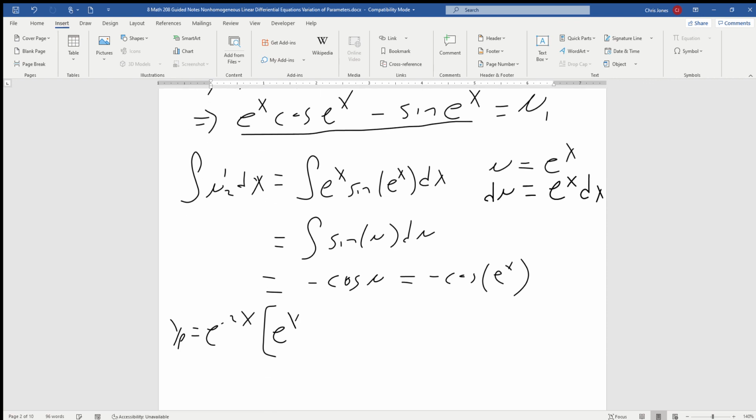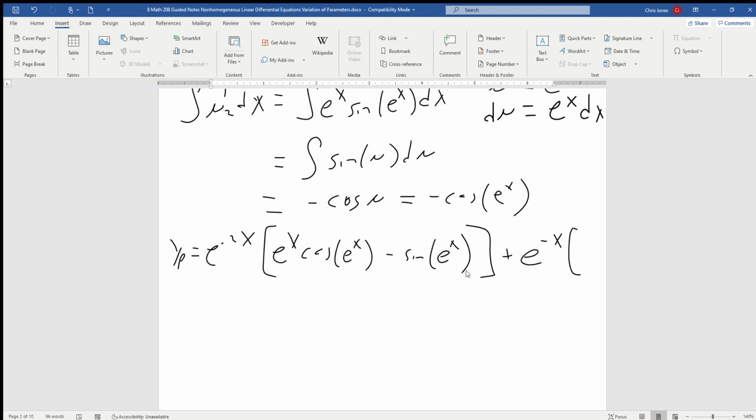So negative e to the x cos e to the x minus sine e to the x. And then we're going to have plus y2, which was e to the minus x, times, we got this negative cos e to the x.